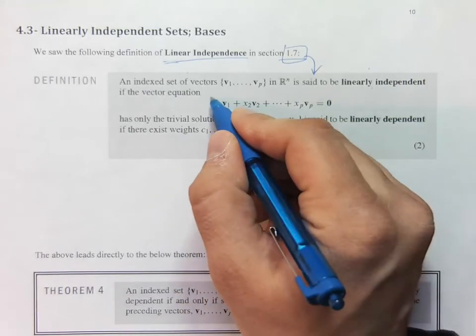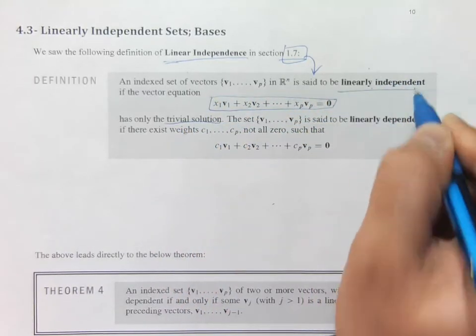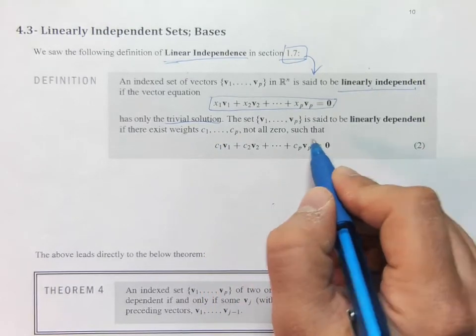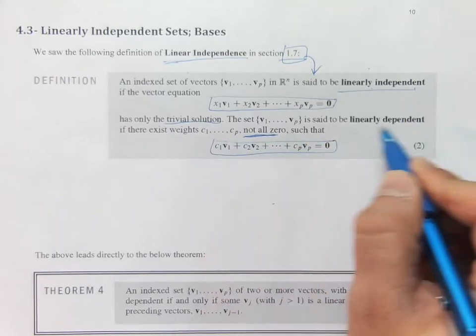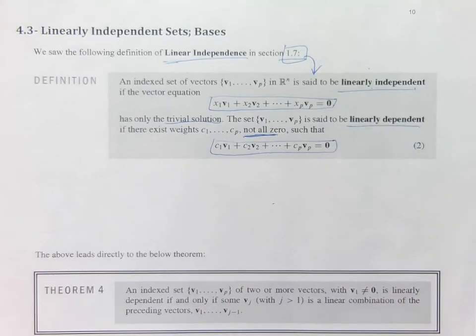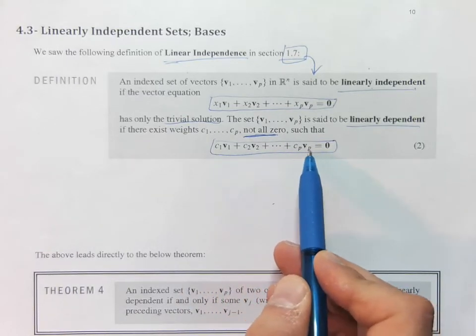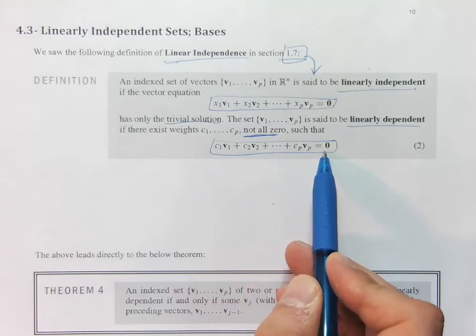And so if this equation has only the trivial solution, we have linear independence. And so that means that if that same equation has a nonzero solution, we have linear dependence, right? And so let's think about what this means. This means that the c's are not all zero, right? So we can find some non-zero weights of the vectors that sum to 0.